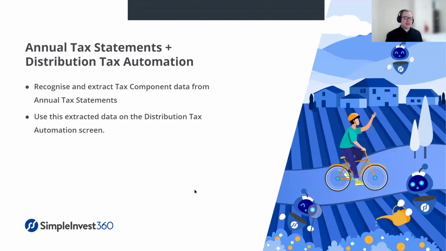However, the last thing is to do with annual tax statements and distribution tax automation. So the purpose of this is to recognize and extract any of the tax component data that any annual tax statements may have, and then use this extracted data to automate the process on the distribution tax automation screen. Some of you may already know that in that screen, the distribution tax automation screen, we do have some system tax data available for you.